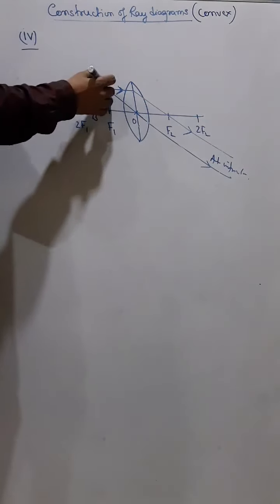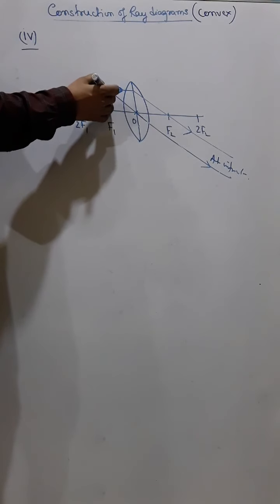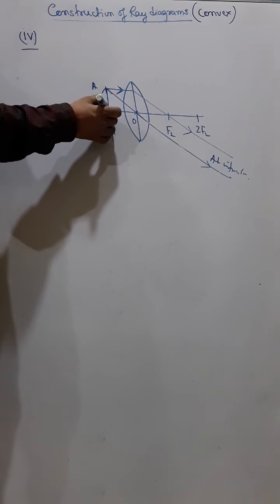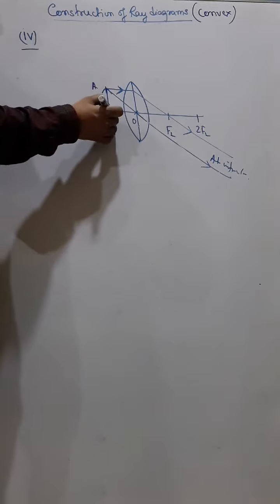If we keep the source of light at the focus, or at the focal plane, the rays of light will become parallel. So it is generally used in a spectrometer, a device used for obtaining a spectrum. So it is used for producing a parallel beam of light, and that is at focus.